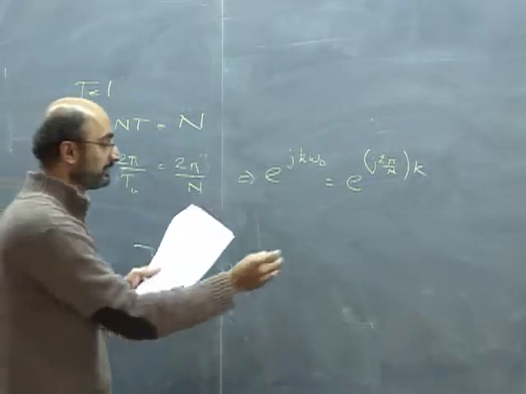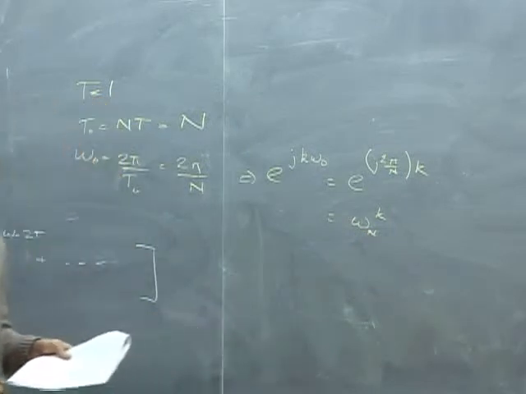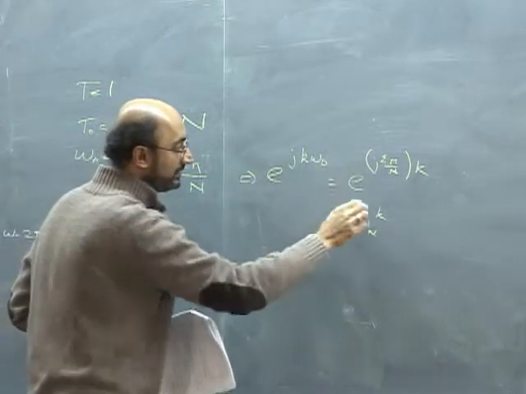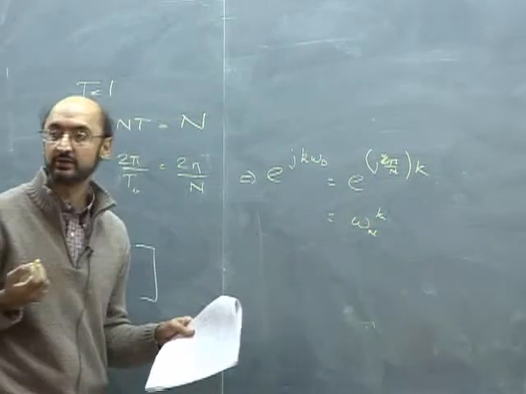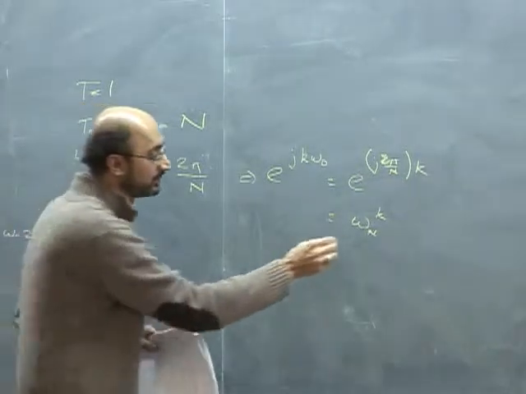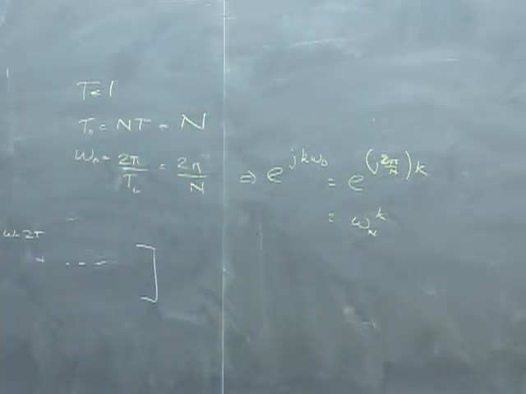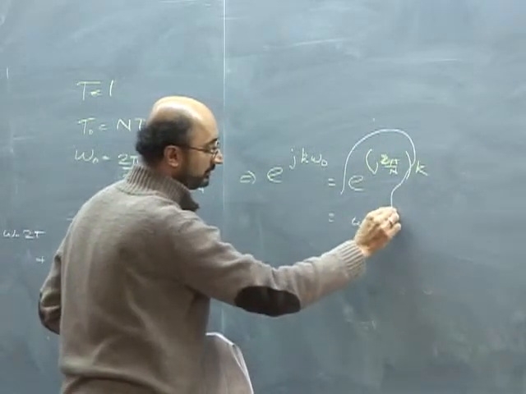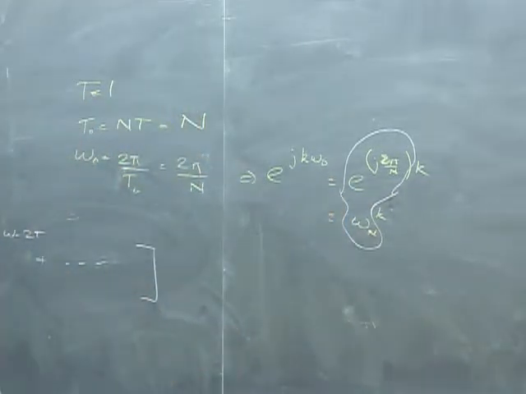And we'll write this as omega N to the power k. So we'll just say that e to the j 2 pi by N, which is essentially some constant complex frequency, we'll call that omega N. So let's say that this piece over here is going to be this piece over there, okay?